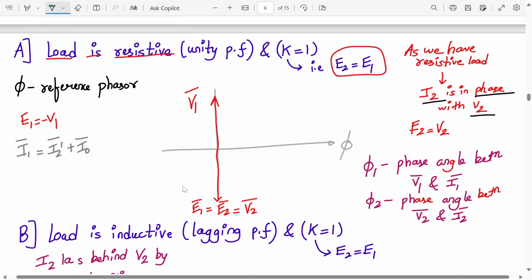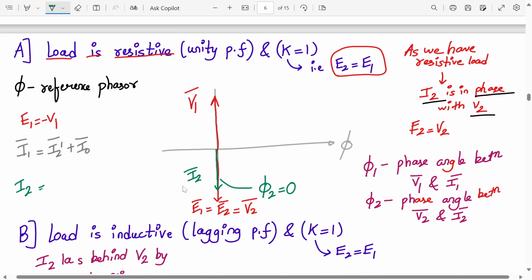It's a resistive load, so how much phase difference should there be? Zero. So can I draw it like this in the same phase? This is I2. Is this correct? Yes, because here the phi 2 phase difference is zero. Phi 2 is the phase angle between V2 and I2 bar. So that is correct. Now where will I draw I2 dash?